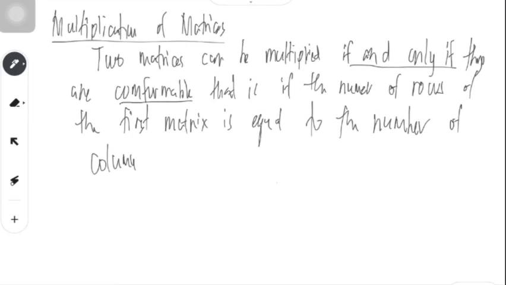When we say conformable, the number of rows of the first matrix is equal to the number of columns of the second matrix.